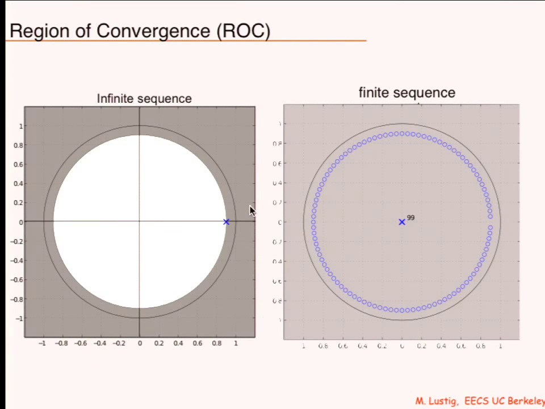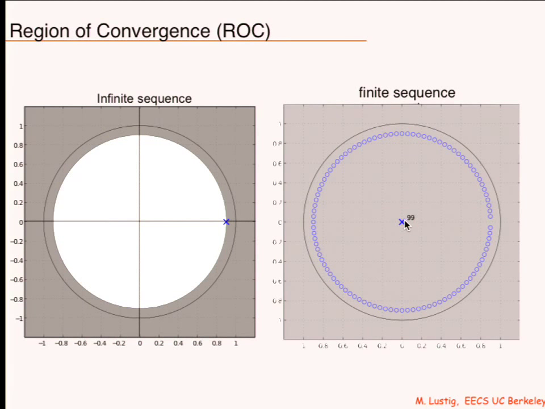If you look at what it is, if I have an infinite sequence, it has a pole over here, and the region of convergence is outside. If I crop that sequence at 100, then the z transform is not going to have a pole anymore, except in the center, which is fine.